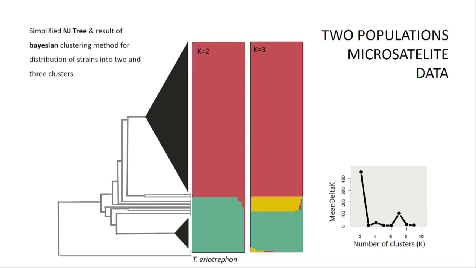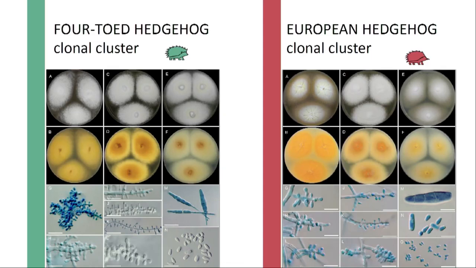You can see that there are 2 clonal lineages, and both are specific for their own host. One is specific for the European hedgehog, and one for the four-toed hedgehog in Africa. And these 2 clonal lineages also have different micromorphology.